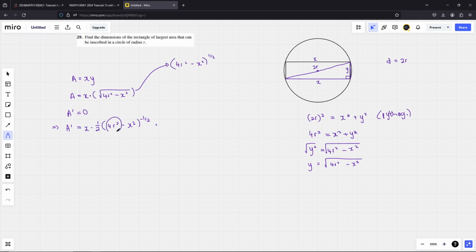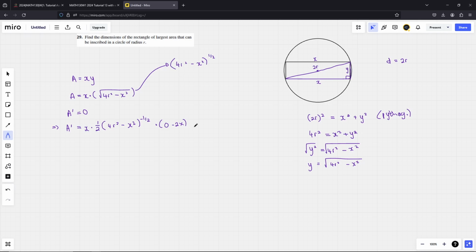Now before I take the derivative of 4r squared, notice that this is not related rates, this is optimization. So r is not a variable here, r is a constant, because r is going to stay the same. The radius is not increasing or decreasing. So taking the derivative of 4r squared, that's just going to be 0. And now taking the derivative of minus x squared, it's going to be minus 2x.